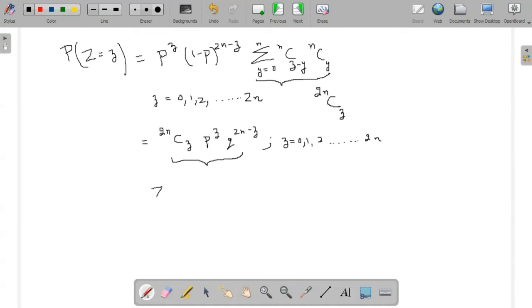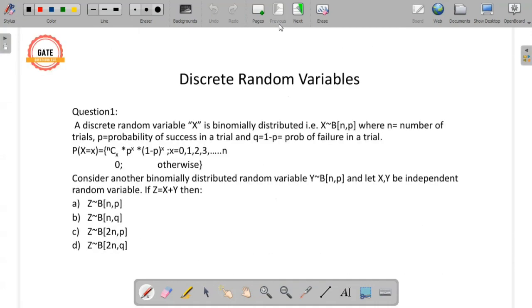So we can write that Z is distributed binomially. This is the formula of binomial distribution with parameters 2n and p. So this is the answer, I think it is option number C.